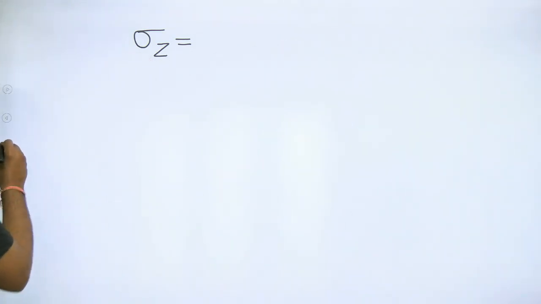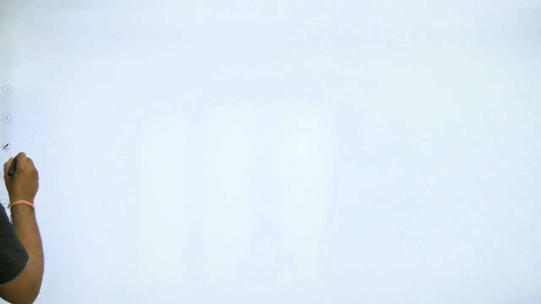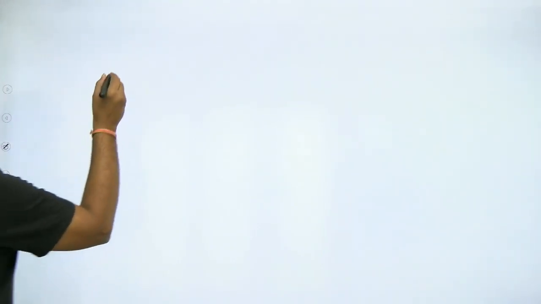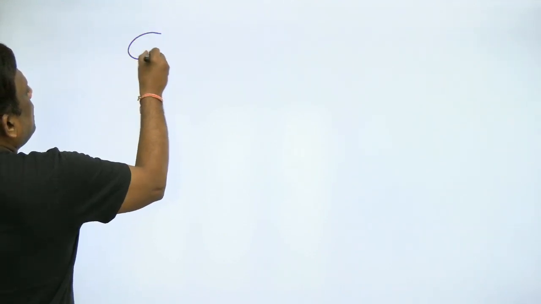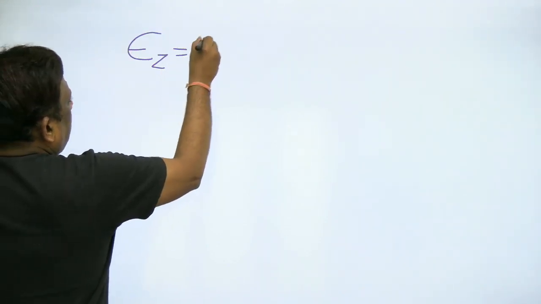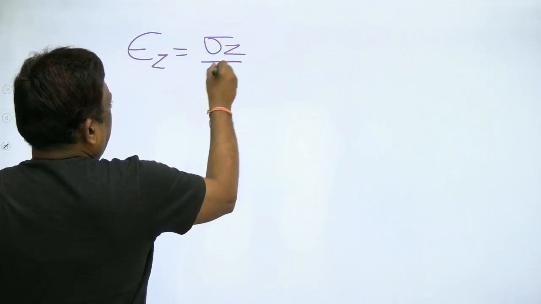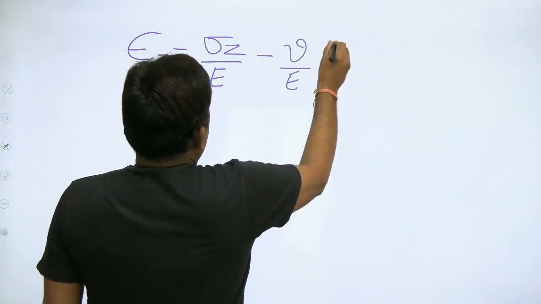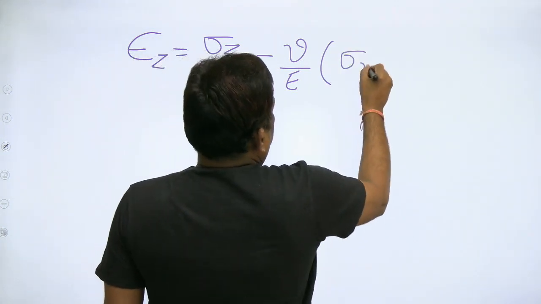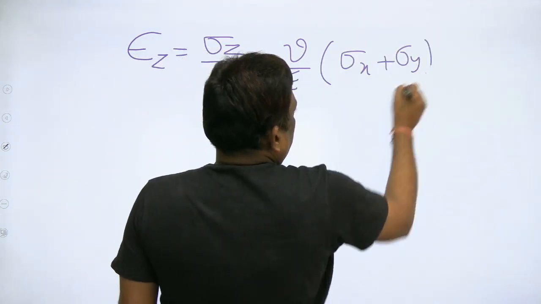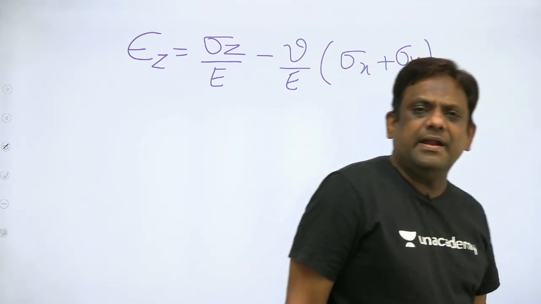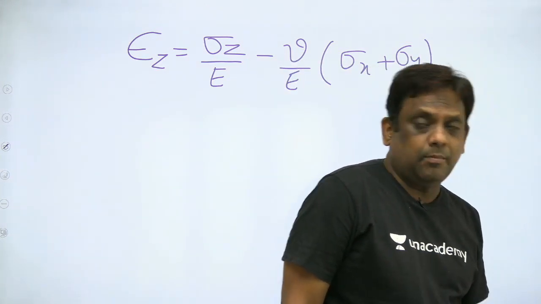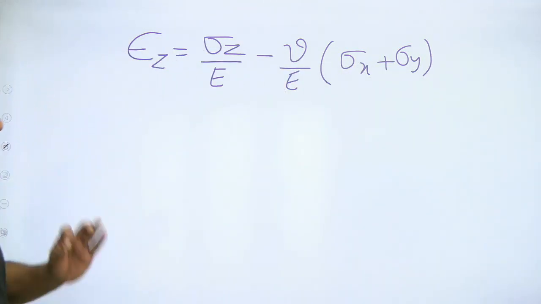Look once, it is all okay, no problem. Epsilon z is equal to sigma z by E minus nu by E into (sigma x plus sigma y). This is my fundamental equation. So there is no problem at all. Excellent.